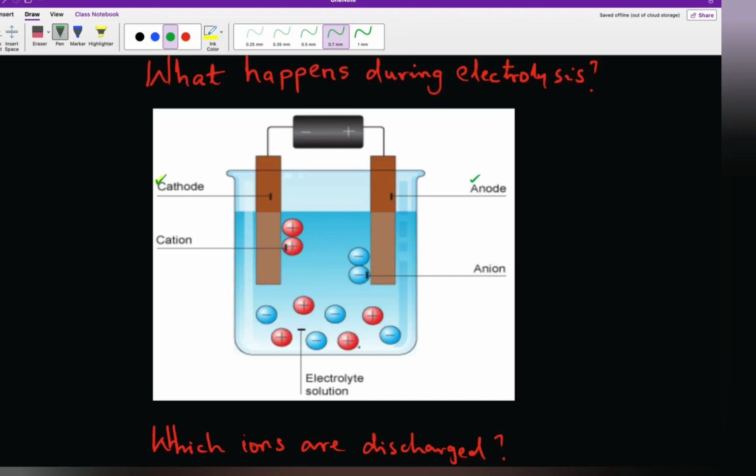So when an electric current is passed through this ionic compound in an aqueous solution, what happens? This ionic compound is decomposed into the cations and the anions. The cations will go to the negatively charged electrode, which is the cathode, and the anions will go to the positively charged electrode, which is the anode.